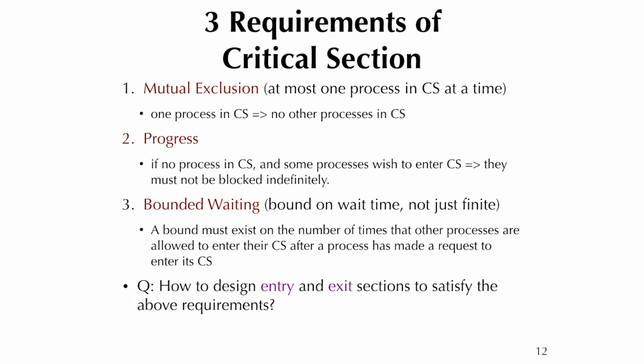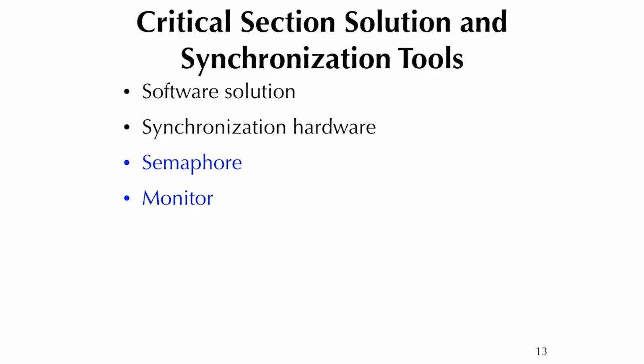And a lot of it has to do with what you put in on the entry and exit parts surrounding the critical section. So there are various solutions proposed: software solutions, synchronization hardware, but that really means instruction set support, semaphore and monitor.